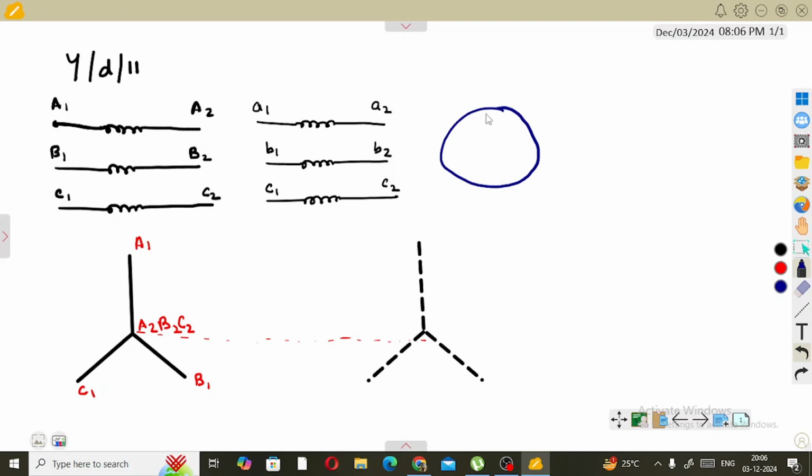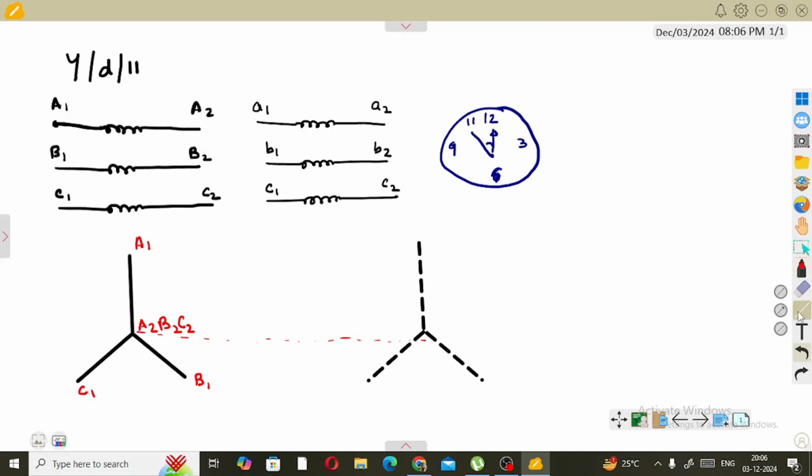After I do this, I have to draw my clock convention here. To draw the clock, I will say this is 12, this is 3, this is my 6, and this is my 9. And it's 11 o'clock, so it's 11 here, so it's 30 degree leading. So I have to draw this one in here.